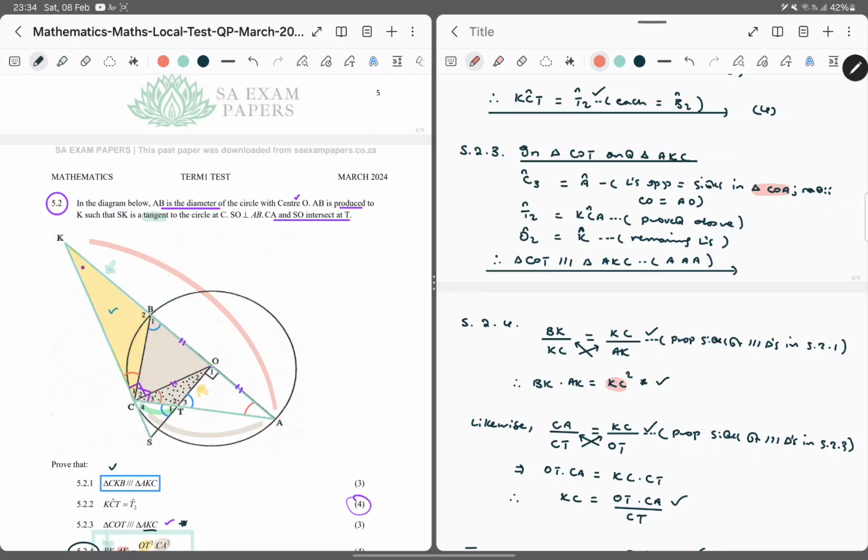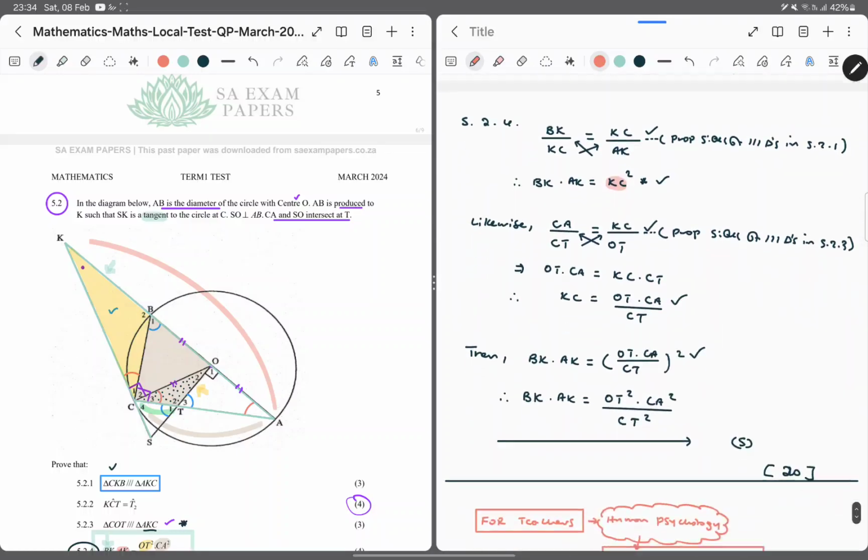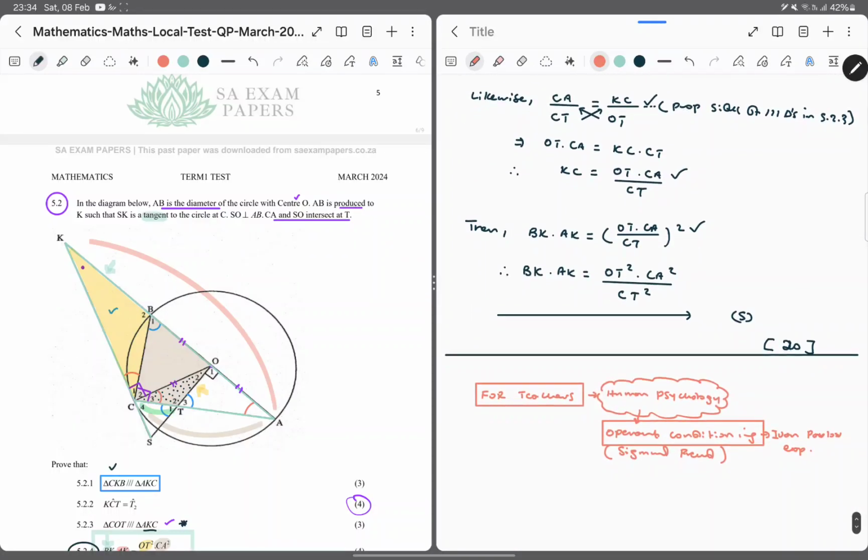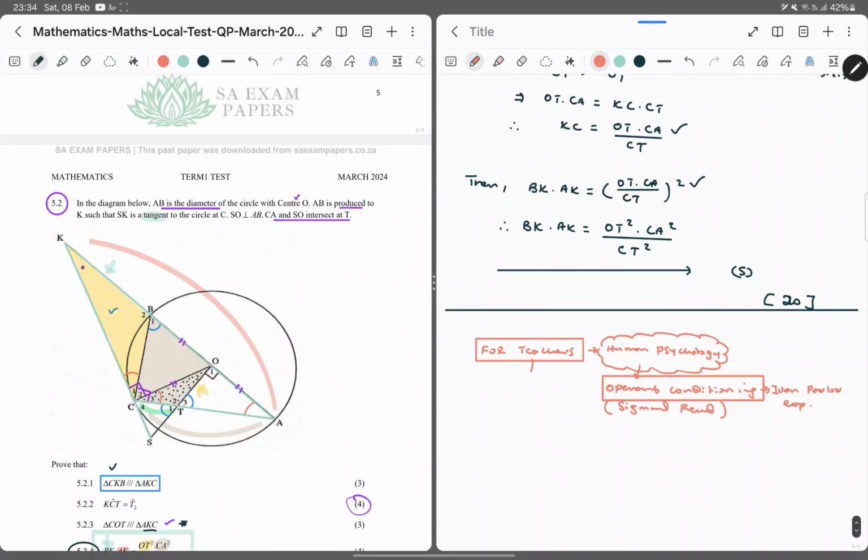You see, that's operant conditioning, because every time they see a diagram, they will look for that, because they know there's a lot that they can find, and therefore they tend to do better. Operant conditioning, okay?